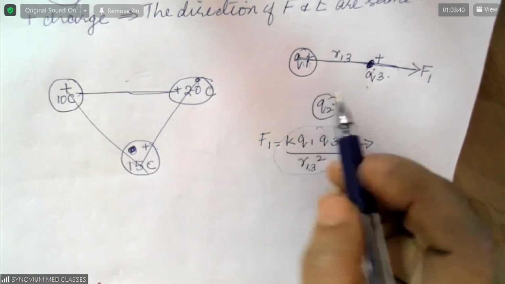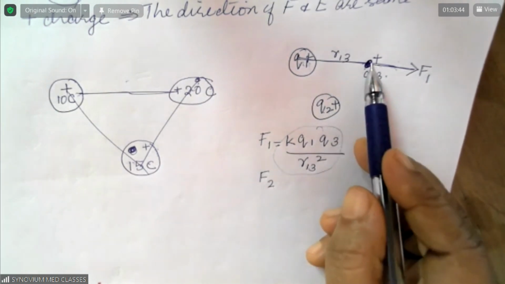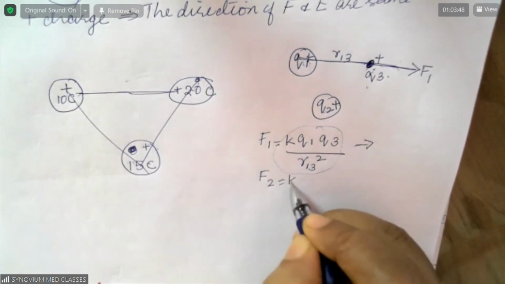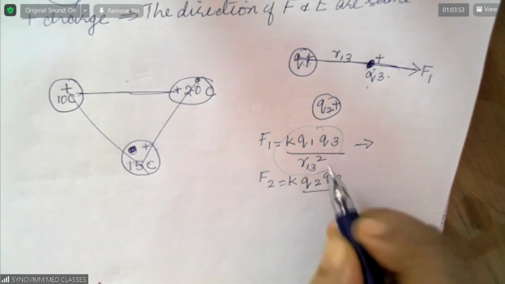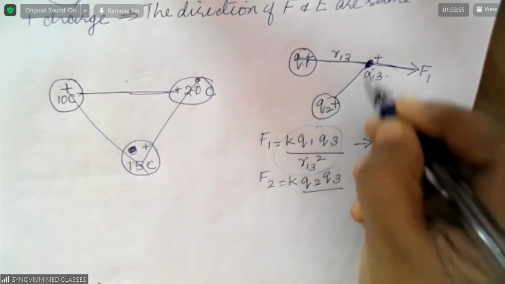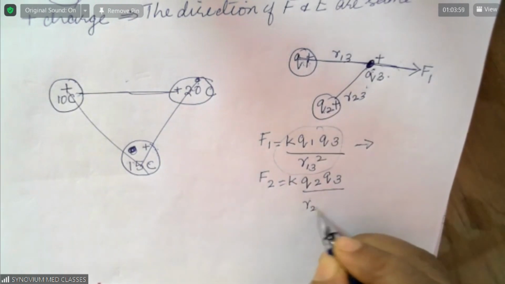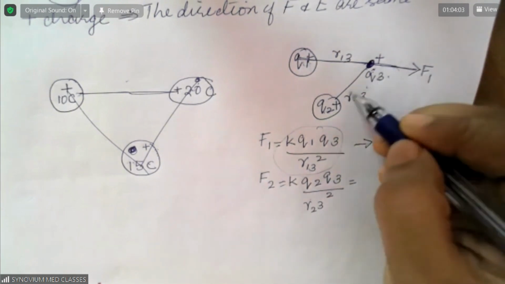Similarly, force 2, that means the force on this charge due to the other charge, will be K into Q2 Q3 divided by R23 squared, where R23 is the distance between 2 and 3. And in which direction?